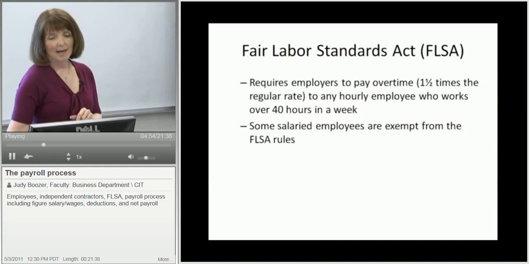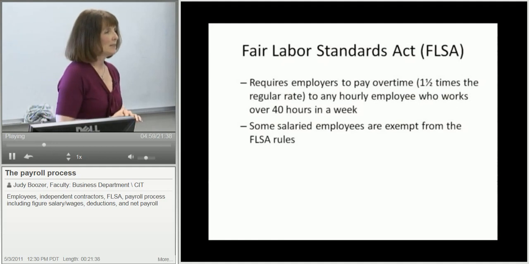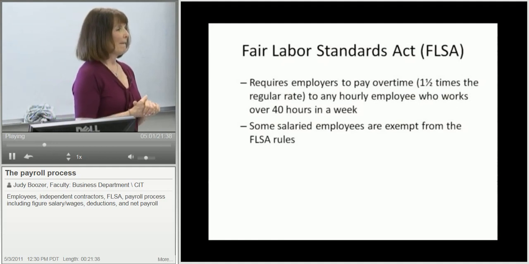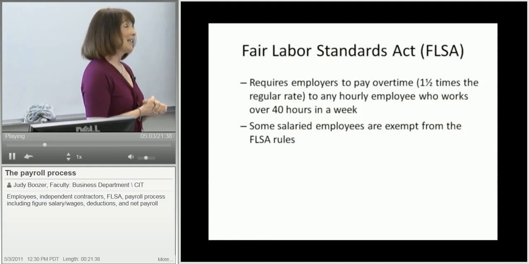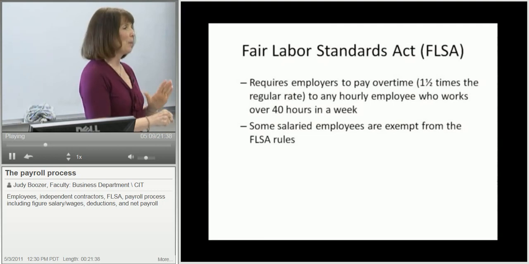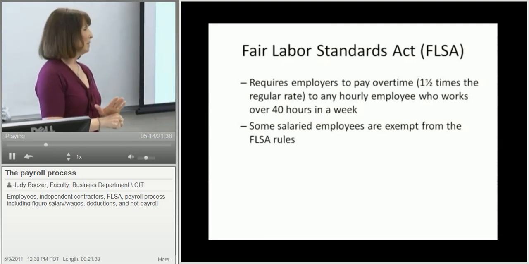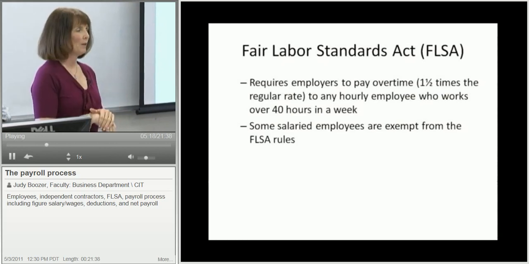What about salaried employees? They don't get overtime. They can get overtime, but usually salaried means you get a specific amount of pay per pay period. Could be per month, twice a month, every week, every 2 weeks, however. And whether you work 40, 50, 60, you get paid the same.